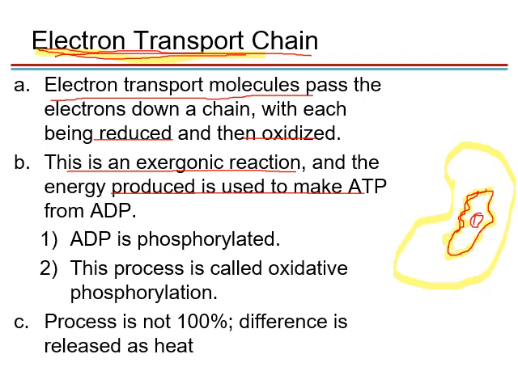We'll see we're going to use these electrons to pump protons, and ultimately that is going to be used to make our ATP. ADP is phosphorylated. This process, formed down the electron transport chain, takes electrons, oxidation, and causes phosphorylation, so it's called oxidative phosphorylation.